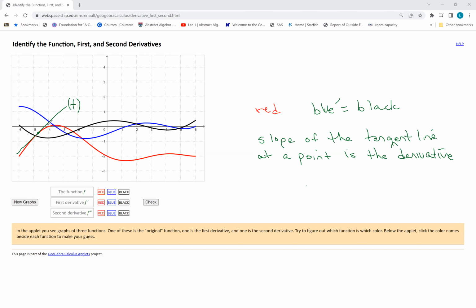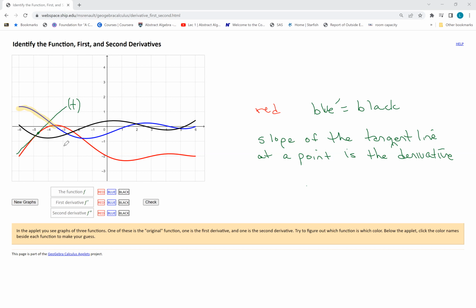And I said the derivative of red is equal to blue. So as far as y is concerned, I have an idea. Blue from here to the 0, it's positive.